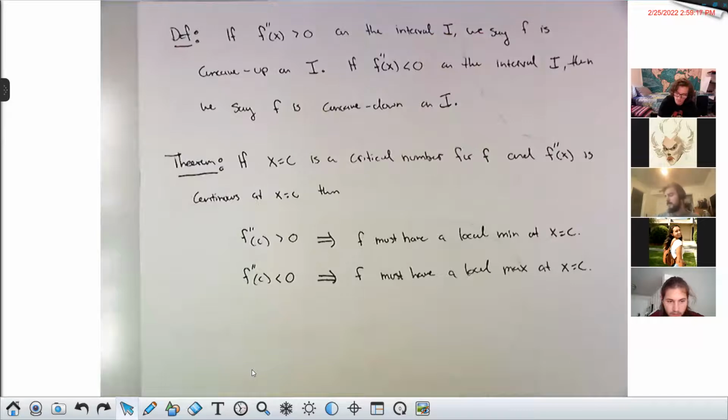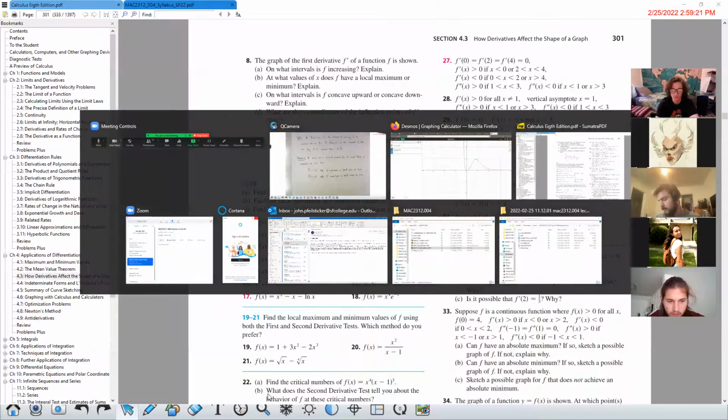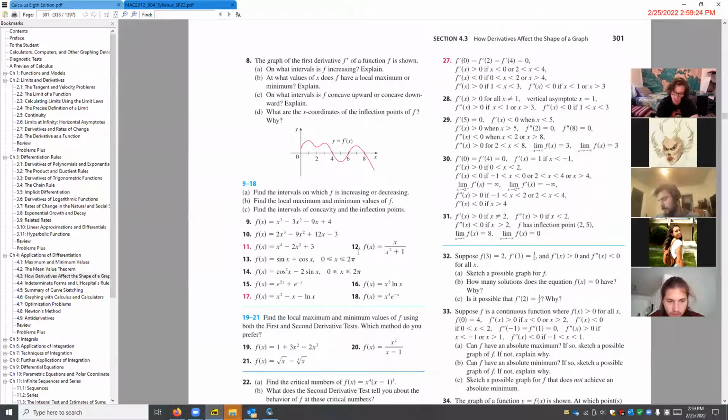And it is sometimes a bit faster than the first. So let's look at maybe number 19 there to start.